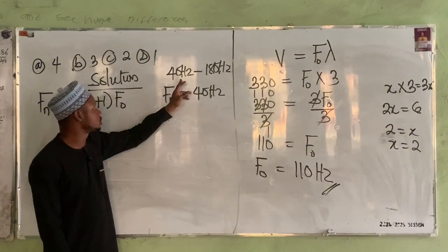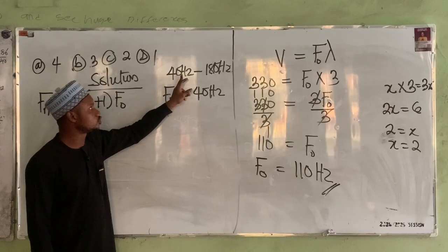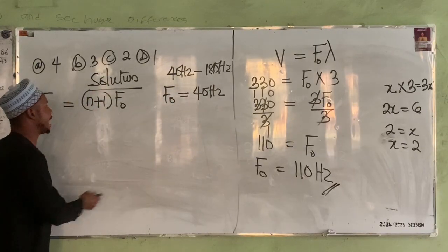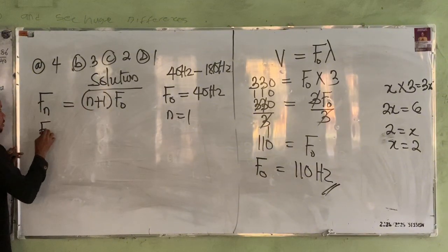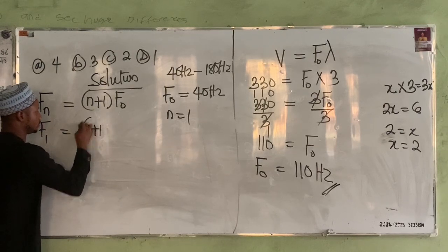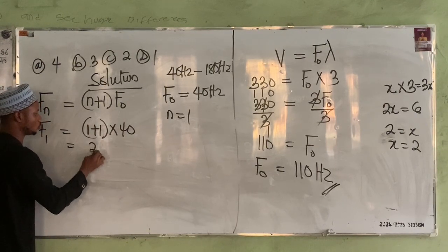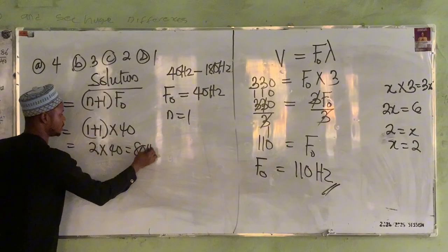We should choose anyone that gives us from 40 Hz to 180. So for n equal to 1, F1 is equal to 1 plus 1 times 40. So I'll have 2 times 40. What is the answer? 80 Hz.